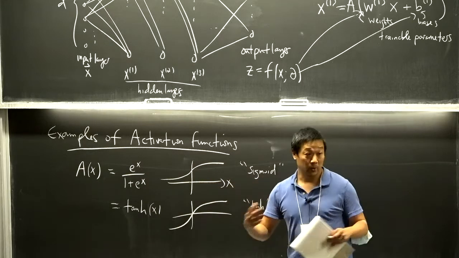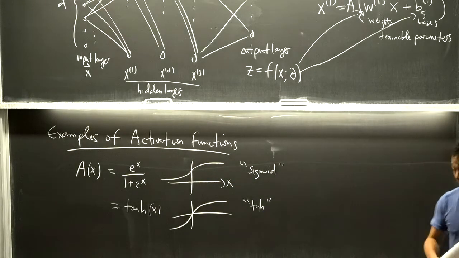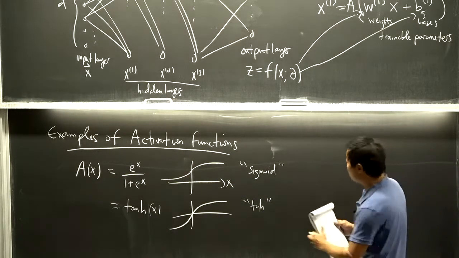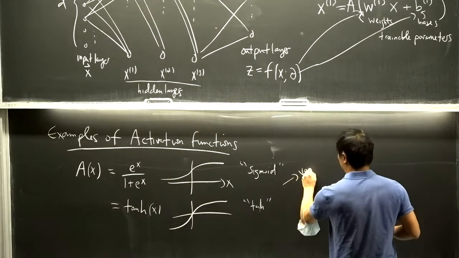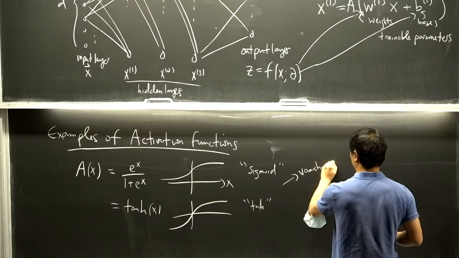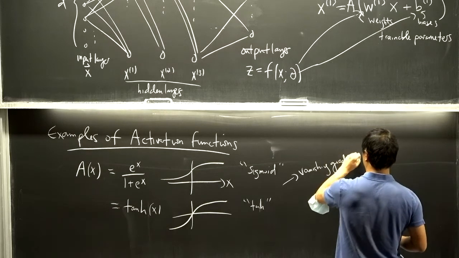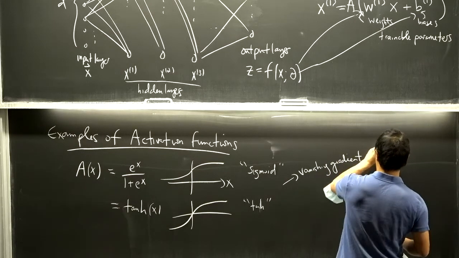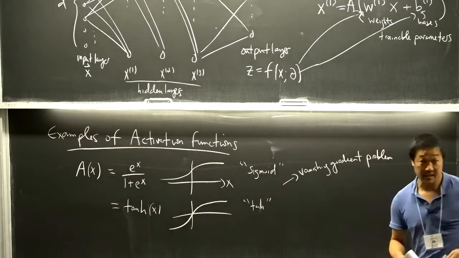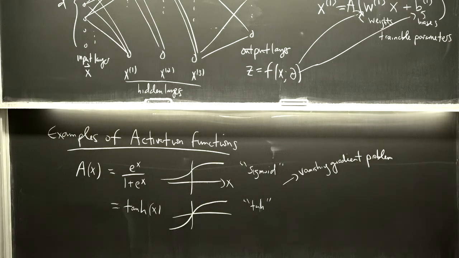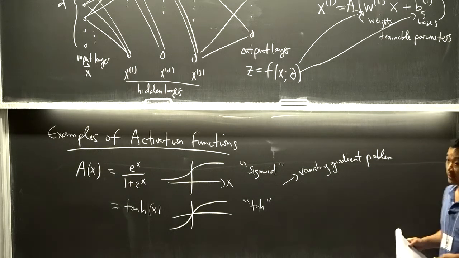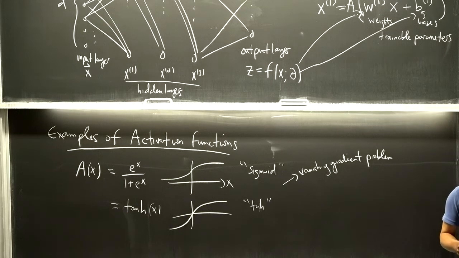So we don't get any more information from the activation. These led to something called the vanishing gradient problem, and were part of the technical reason why neural networks weren't very successful until relatively recently.